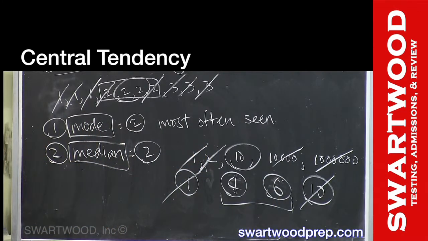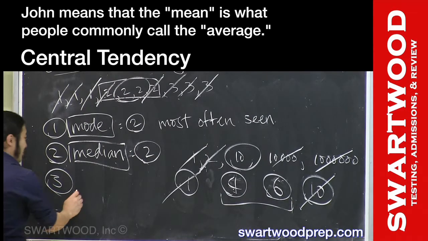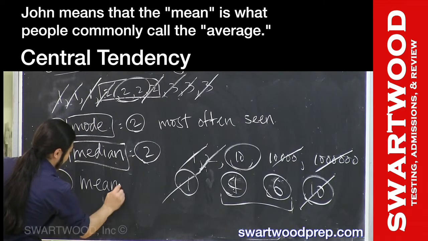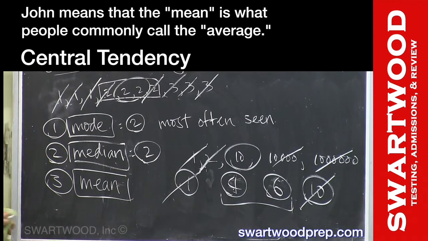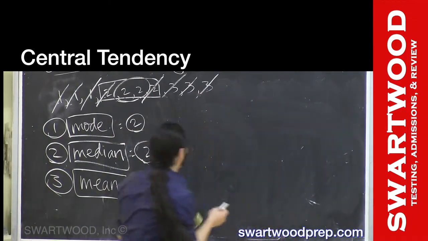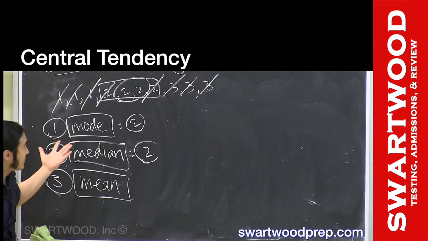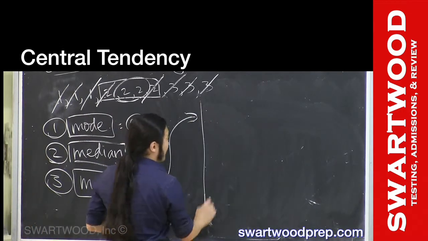No big deal. Then the final one is really what most people think of when they think of average. It really is the average. We'll call that the mean. So how do I get a feel for the mean? Here, your gut will pretty much tell you it looks like the average number is a 2. But let's find a more systematic way of doing it.